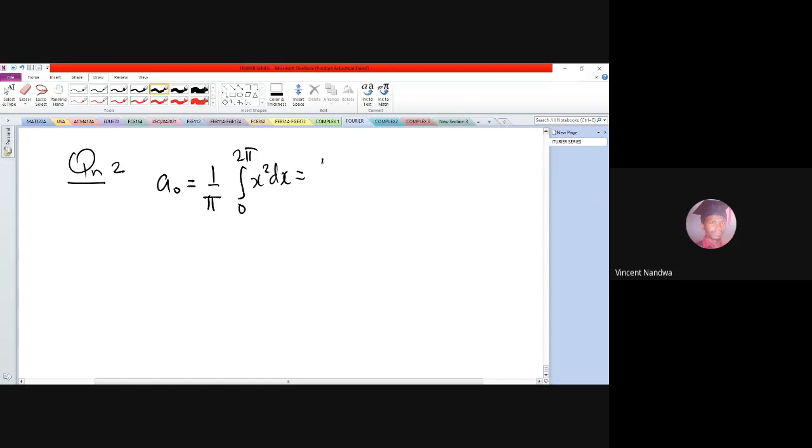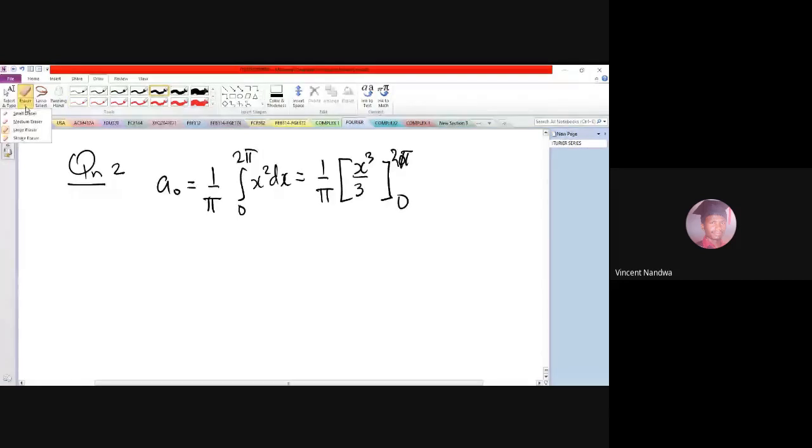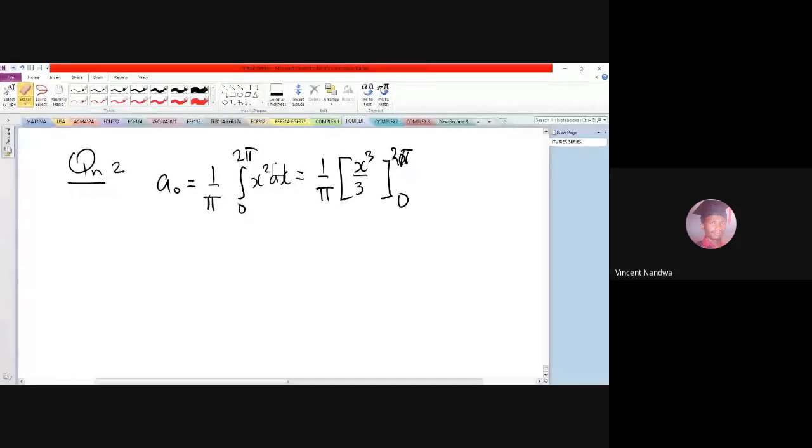So this will give us 1 over pi into x cubed over 3, with limits from 0 to 2 pi. When you put in the limits, you should get 8 pi squared over 3.